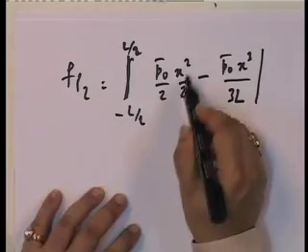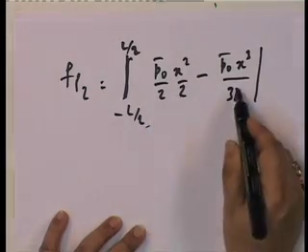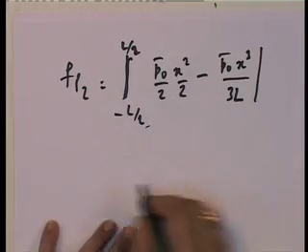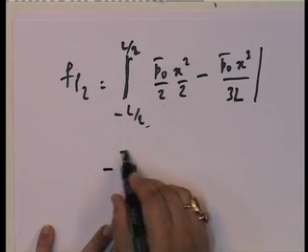So, if you look at this, since this is minus L and this becomes 0 and this is the only one that is left. So, this goes minus p naught.